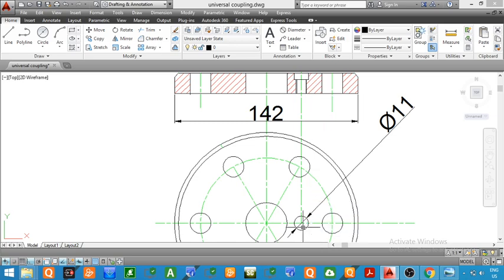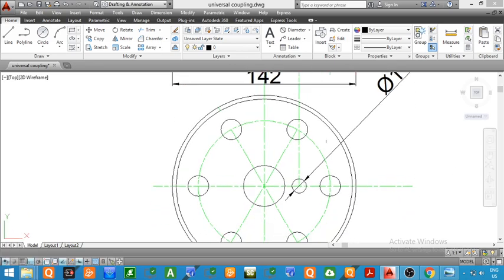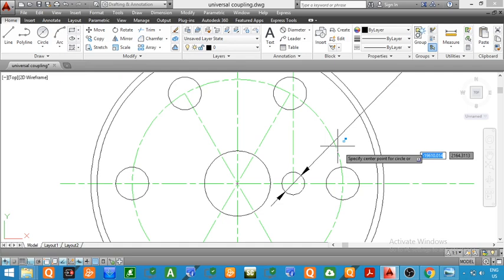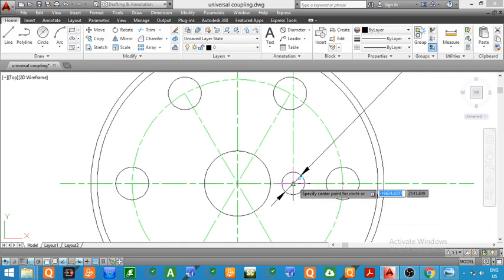One will be of diameter 8 mm and the second will be of diameter 7 mm. So here we will draw two circles. This first circle will represent the minor diameter of the thread, which is equal to 7 mm.